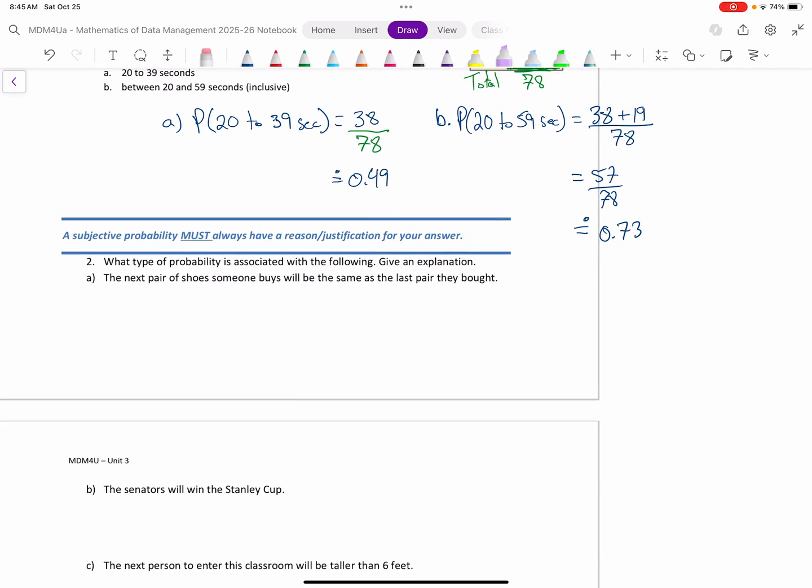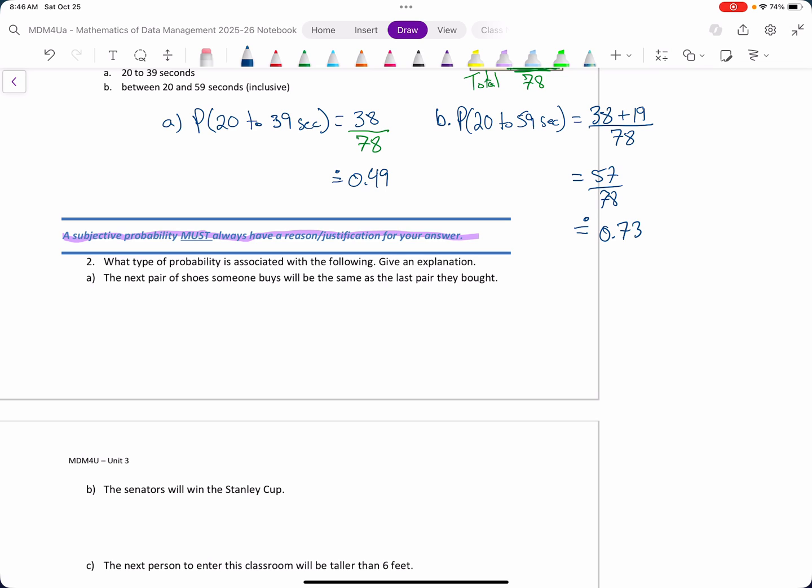And so this is the only time we're really going to talk about subjective probability. It says a subjective probability must always have a reason or justification for your answer. At least that's what this textbook is saying. You could just come up with things that you can argue or not argue, but we'll use this definition. So what type of probability is associated with the following? Give an explanation.